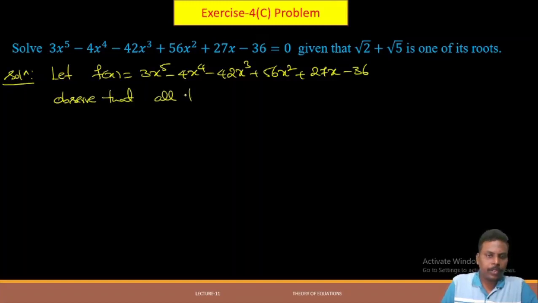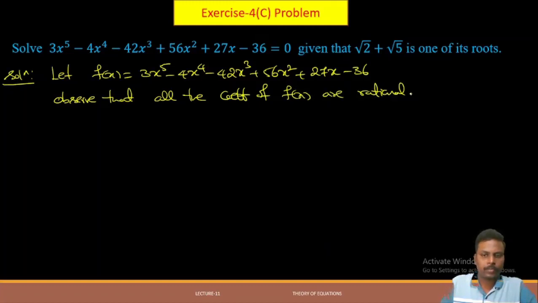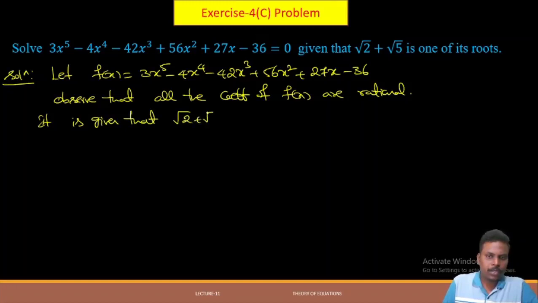Okay, so observe that all the coefficients of f of x are rational, and it is given that root 2 plus root 5 is a root of f of x is equal to 0.